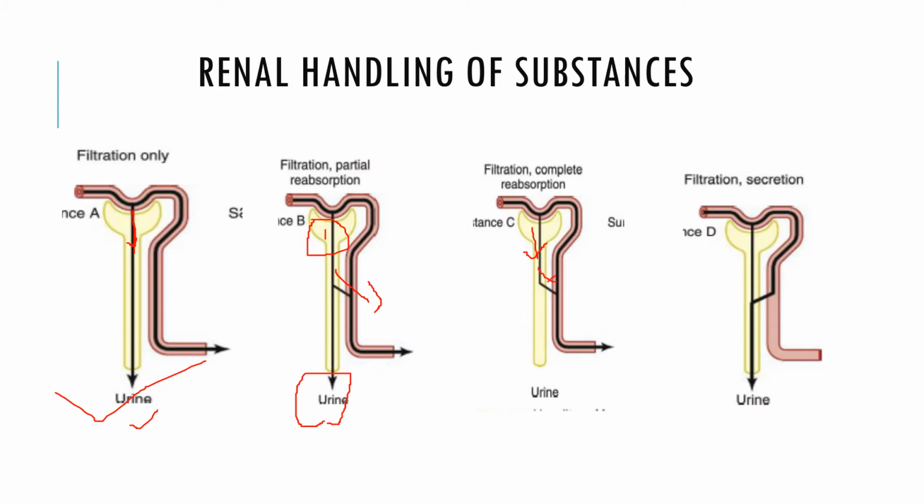So although it is filtered, there is no excretion of this substance. And the fourth type of handling, it is freely filtered and it is also secreted from the peritubular capillary blood to renal tubules. Due to this, the excretion amount is greater than the rate of filtration.